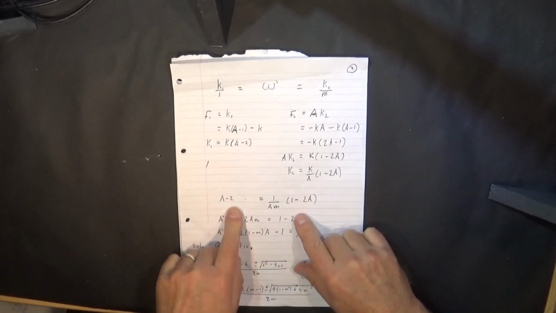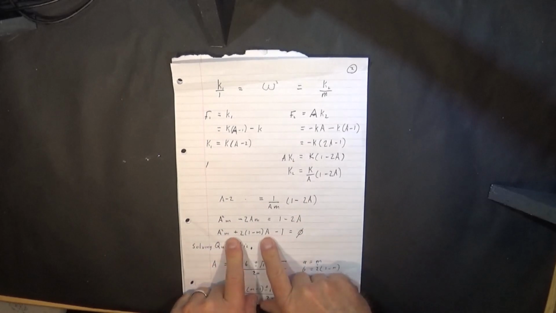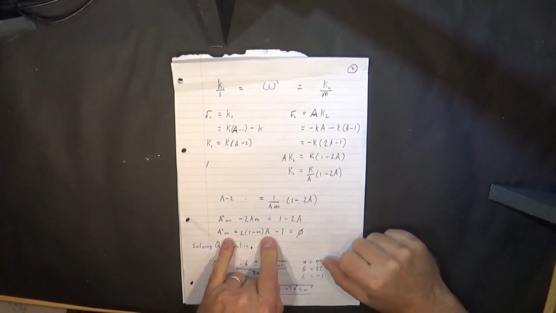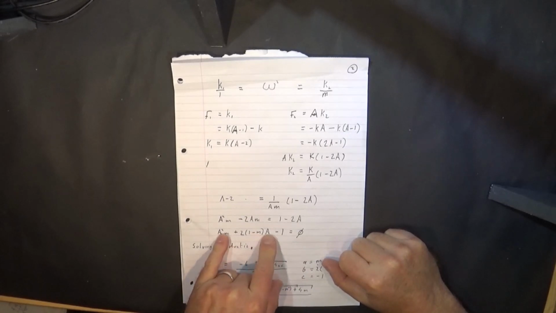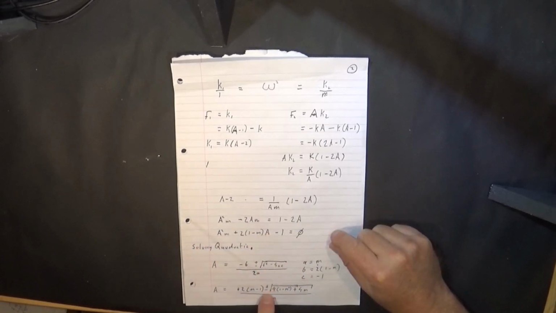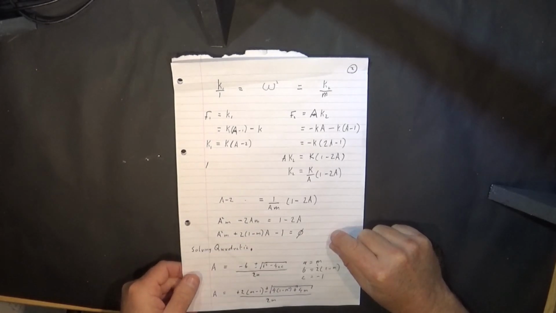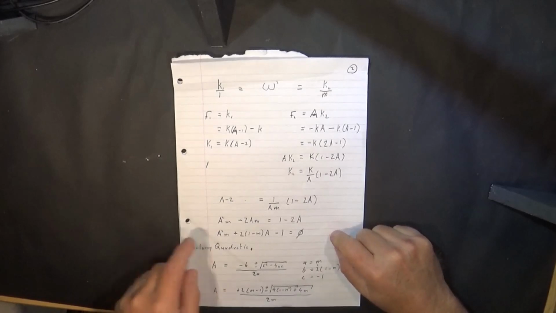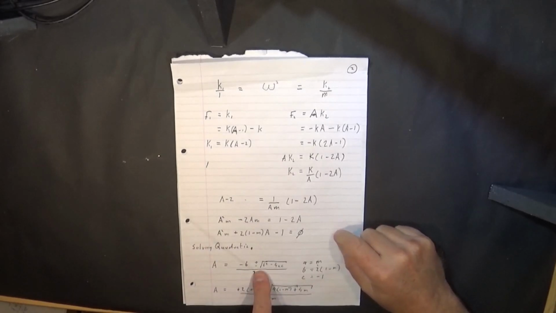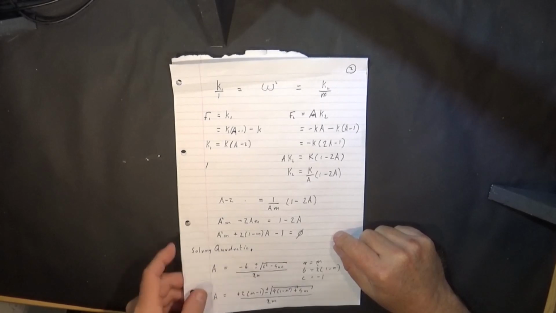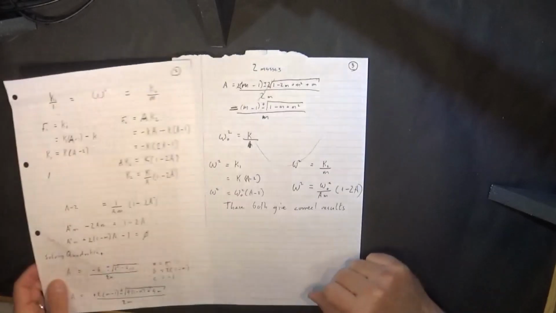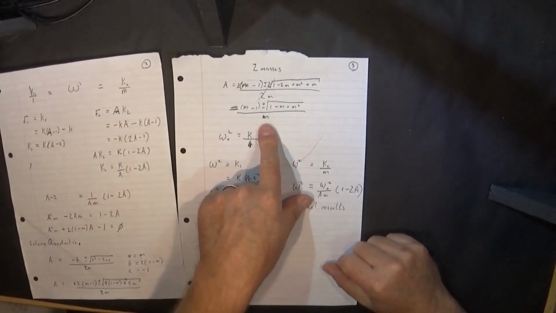We can substitute back in down here, and we get a quadratic equation for A. M, remember, is something we're specifying, and down here we go till we get the actual quadratic function, and down there we substitute in that, and we get eventually to that.